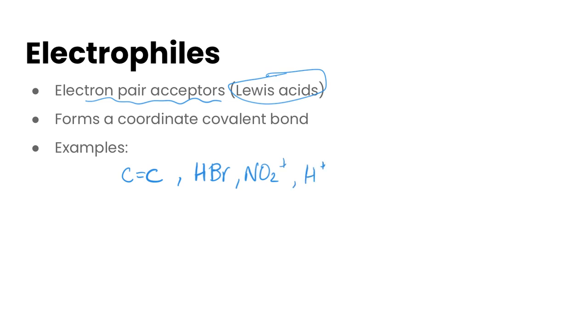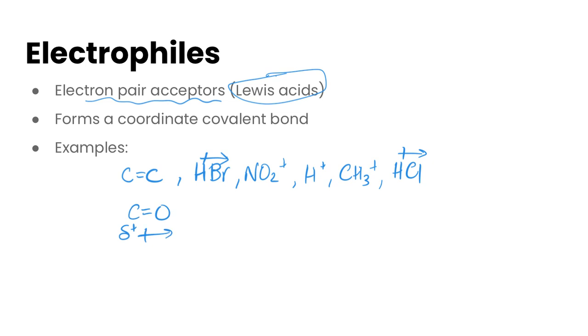H plus is an example, CH3 plus, pretty much anything that has a positive charge or a positive end to its dipole. So HCl has a positive end, HBr has a positive end, and so on. One other one is a carbonyl group. The delta plus is on the carbon, so we have a dipole there as well.